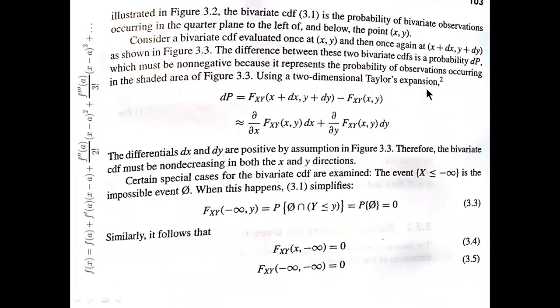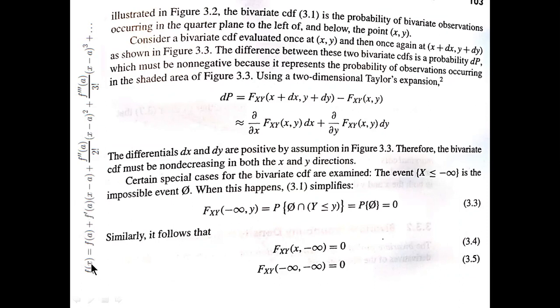Using the two-dimensional Taylor expansion, you can write dP equal to the difference of the cumulative distribution function F at x plus dx comma y plus dy, and here it is just xy. If you apply the Taylor series expansion, it looks something like this: f of x equals f of a plus f dash a times x minus a.